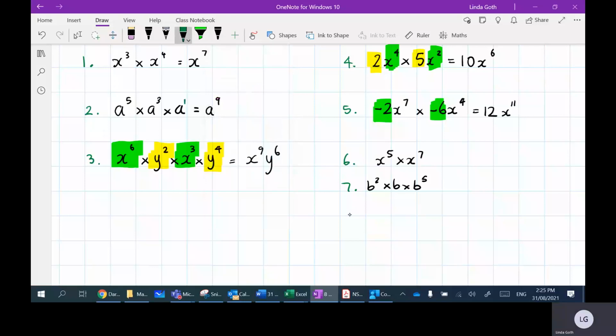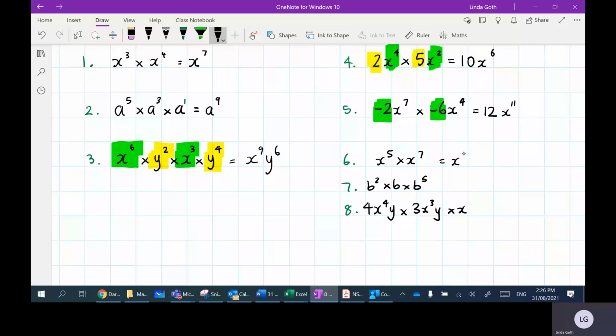Final one, question 8, 4x to the power of 4y times 3x to the power of 3y times by x. Please pause the video, write those questions down and your answer, and then come back to look at the solution. So pause the video, do those questions, and come back.